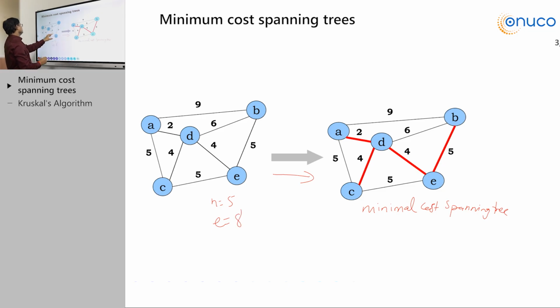There are 8 edges, but in the minimal spanning tree the number of vertices will be the same, while the number of edges is 5 minus 1, which is 4. So this darkened red color is the selected spanning tree, and the total cost is minimal, because we have many solutions, but 4 plus 2 is 6, plus 4 is 10, plus 5 is 15. So this is the minimal cost.